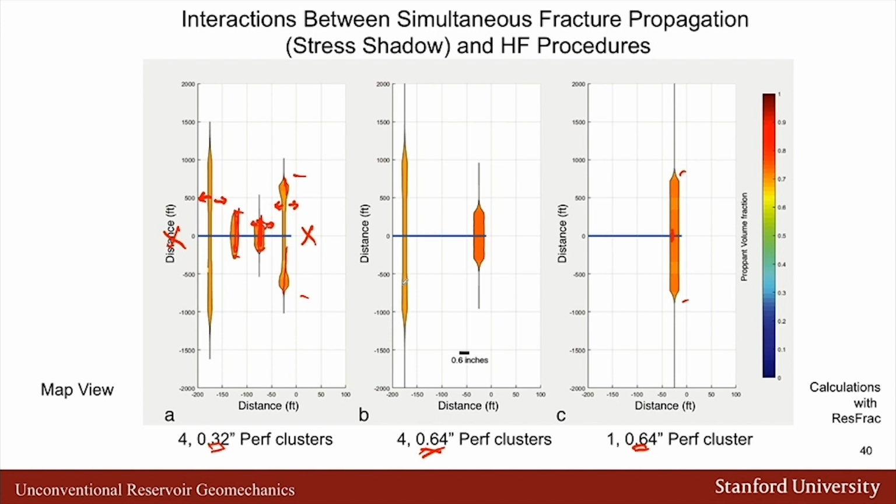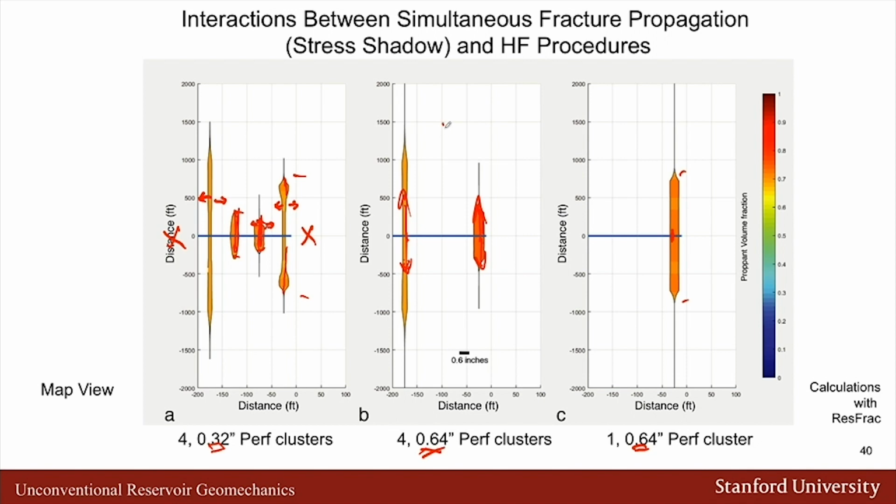That's because of this diameter to the 4th term. The friction is so low here that it's so easy for all of the fluid to go out these 2 fractures that the pressure in the wellbore never really gets high enough to overcome the stress shadow.